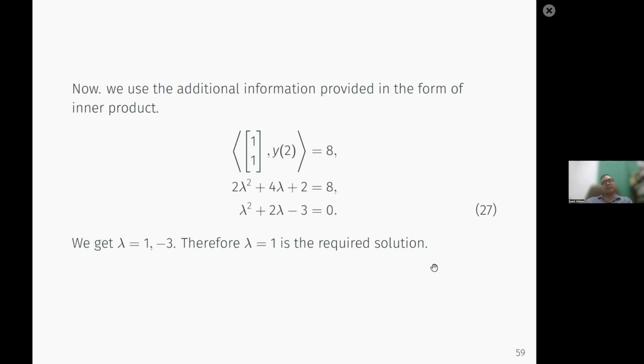So now we can use the additional information, which is given by the inner product of this vector 1, 1 and y2 is 8. And this gives this equation which we can solve, and we get these two values of lambda, which are 1 and minus 3. So we are interested in positive lambda. So lambda equals 1 we choose, which is the required solution in this case.